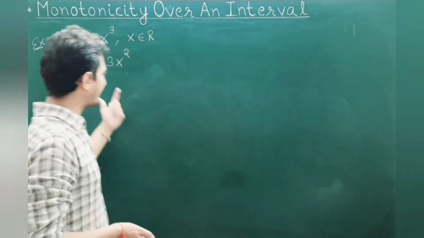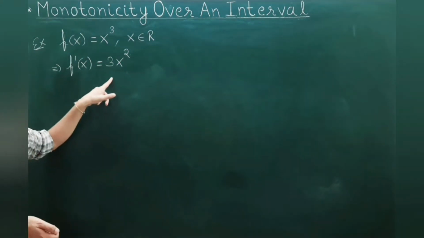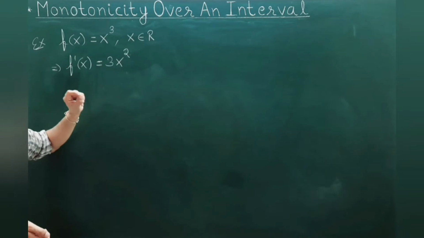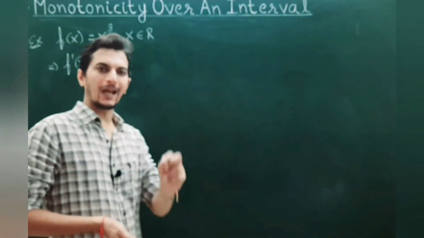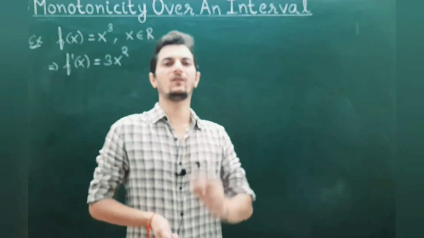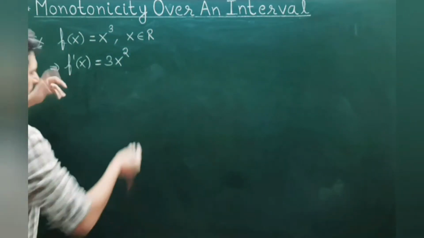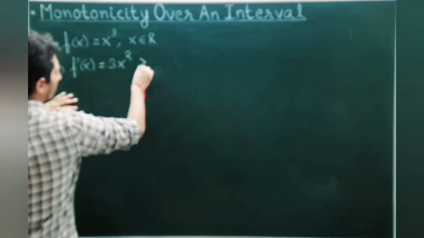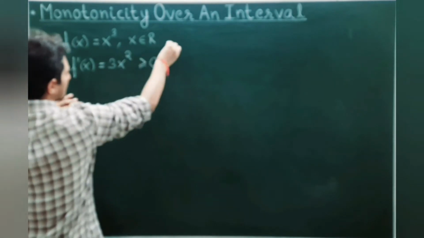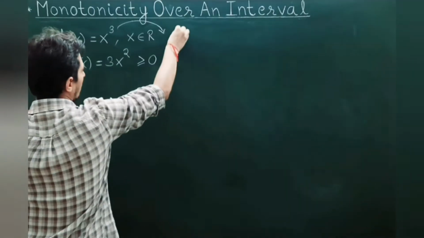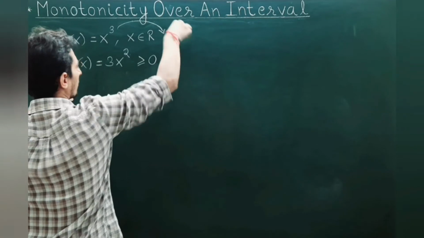So f'(x) is always greater than or equal to 0, but 0 only at x equal to 0, and that discrete value won't affect its increasing behavior. Therefore f(x) is strictly increasing, right?